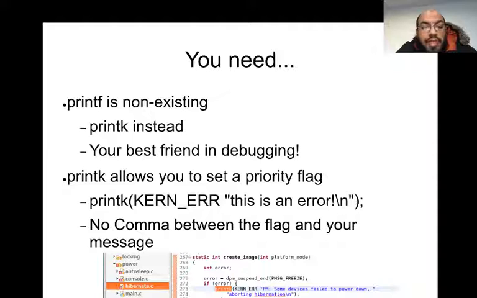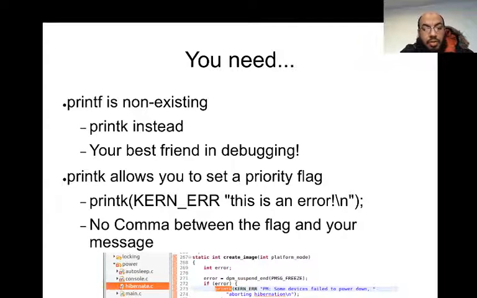But this is the function that is used to create an image of your platform before you hibernate, which will then be stored. And when it is stored, this is basically hibernation. You can read more about hibernation; this is not our thing now. I just wanted to give an example of how it is used inside the kernel.